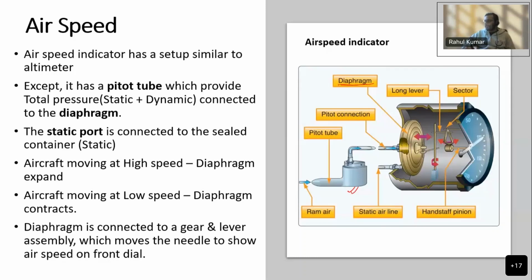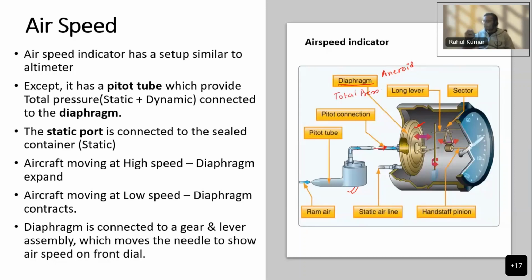So now we are calling this thing a diaphragm, or aneroid. They are the same thing basically. Since you are connecting the pitot tube to the diaphragm, you will have total pressure inside the diaphragm. So total pressure is static plus dynamic pressure.